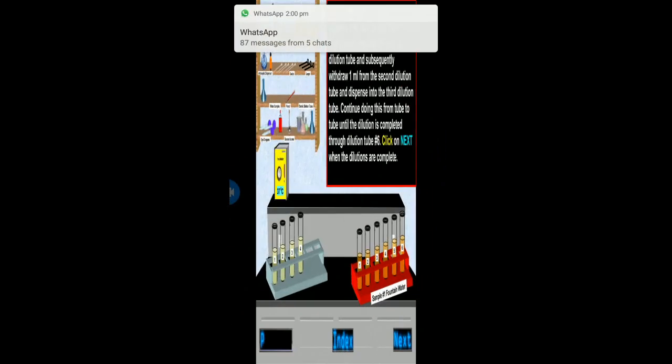Click again on the eyedropper to withdraw 1 ml from the first dilution tube. You can use the same dropper or you can change the eyedropper. Continue doing this from tube to tube until the dilution is complete through all the dilution tubes. Click next when the dilution is complete.